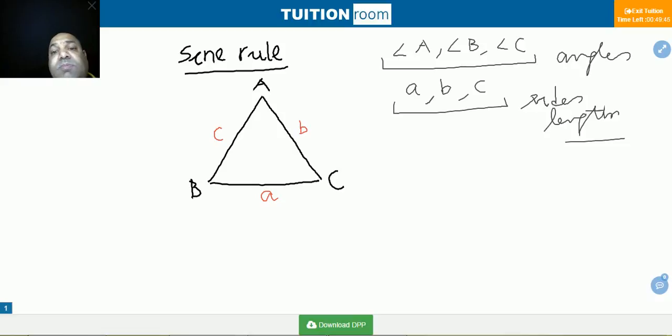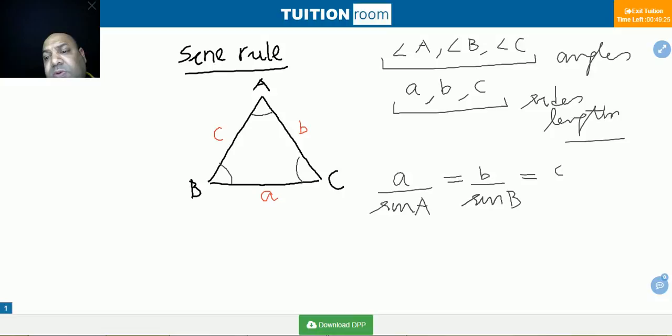The sine rule tells us a upon sine A is equal to b upon sine B is equal to c upon sine C. Small a, b, c represent the lengths of the sides of the triangle.